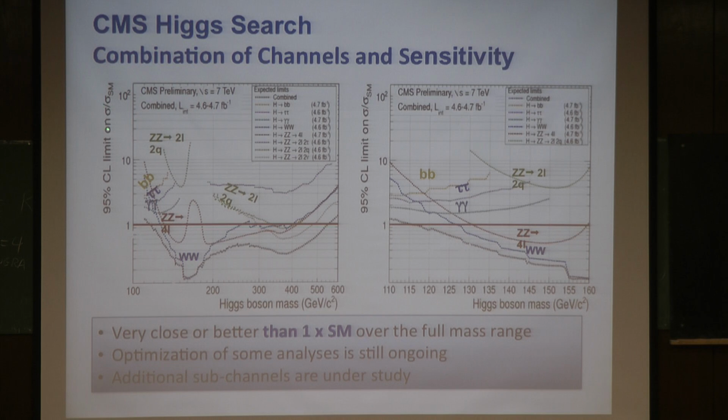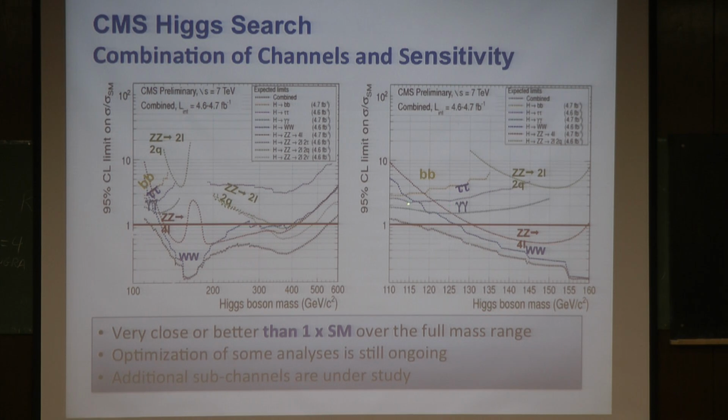Here we are seeing the sigma over sigma standard model, and here we're seeing the 95% confidence limit again on the sigma over standard model for the same integrated luminosity, and what we are looking at is 100 to 600, the entire region, and 110 to 160, the low mass region, where the channels of the low mass region play a role.